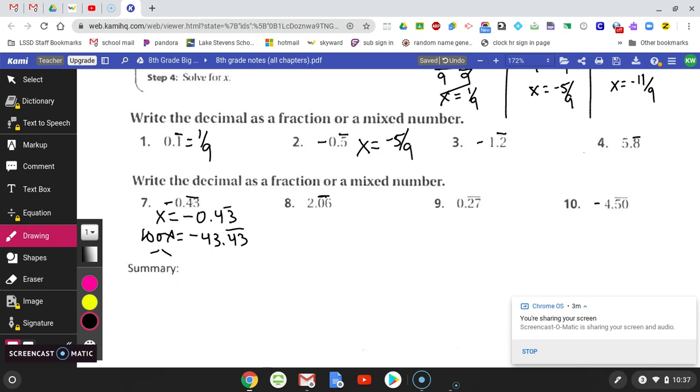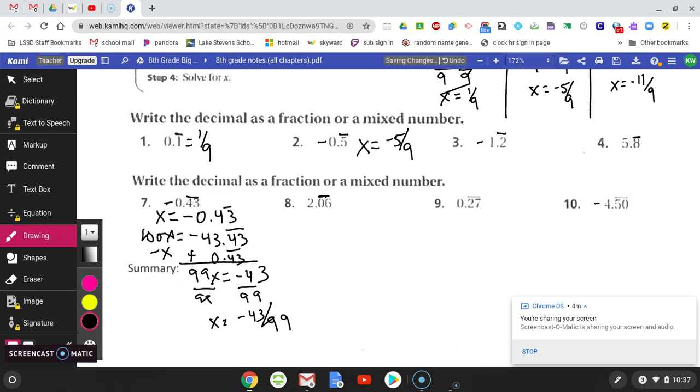When I subtract the original one away, minus a negative is the same thing as plus a positive. I get 99x is equal to a negative 43. When I divide both sides by 99, I get x is equal to negative 43/99.